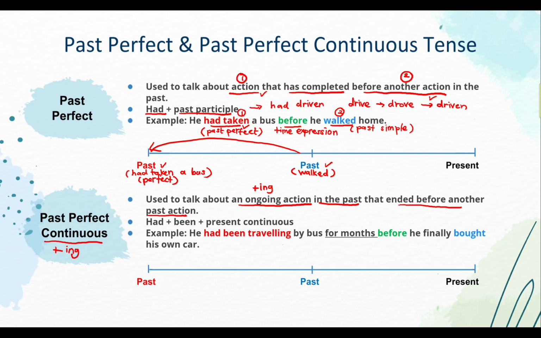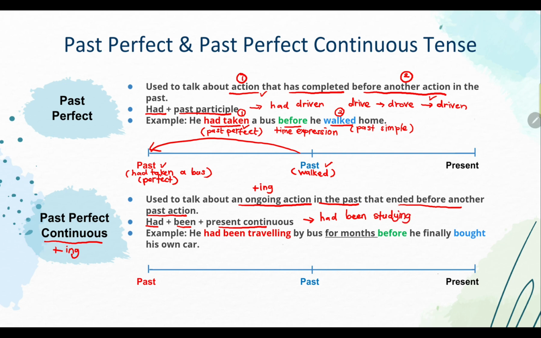So, how do we identify past perfect continuous? We can write past perfect continuous by using had, been, and present continuous. Okay, for example, had been studying.